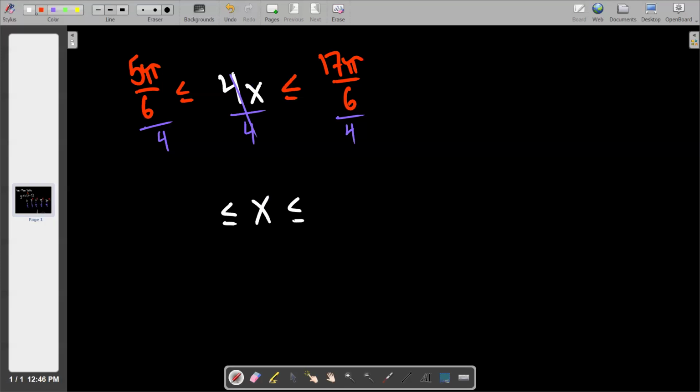Just always remember this, because you're going to use this a lot. When you divide by a whole number, you really just multiply the bottom of the fraction by the whole number. So if I said to you, make that red fraction divide by 4, you actually just multiply the bottom by 4. Then you get 5 pi over 24. That's our new left side. Done.